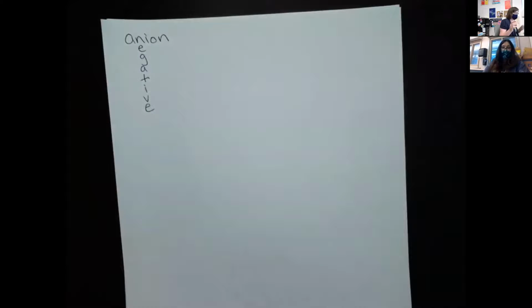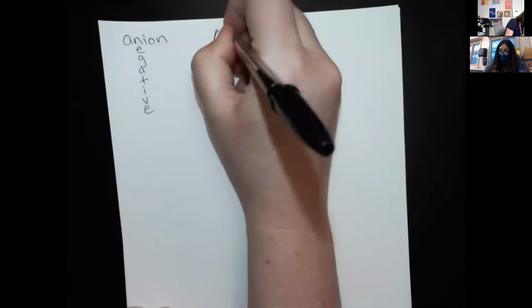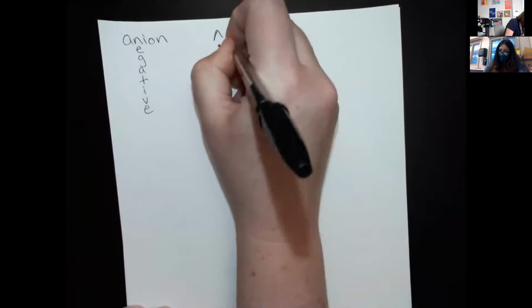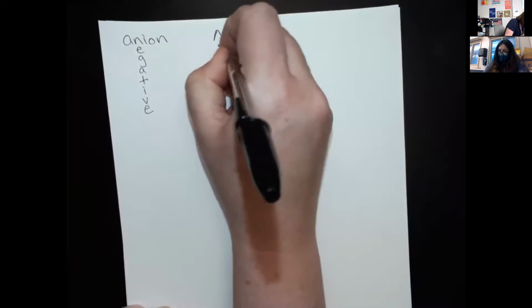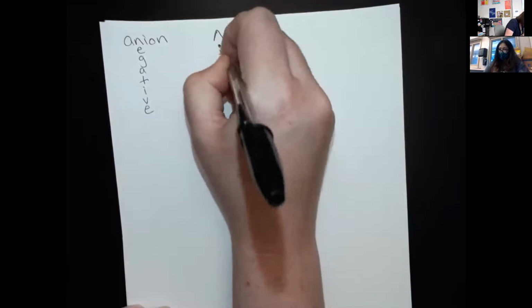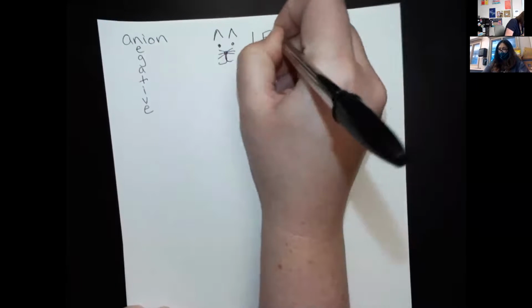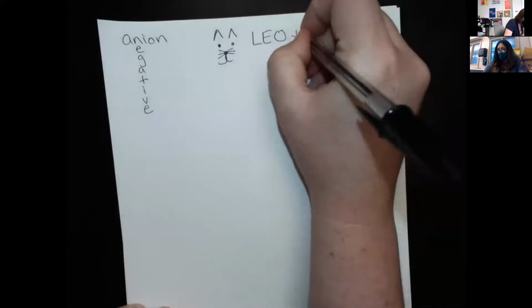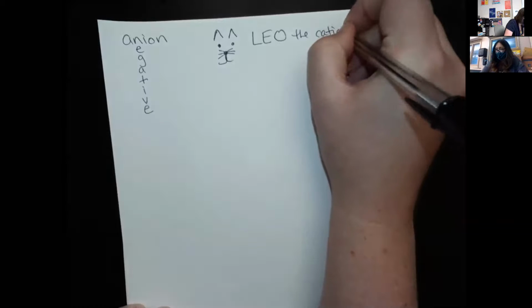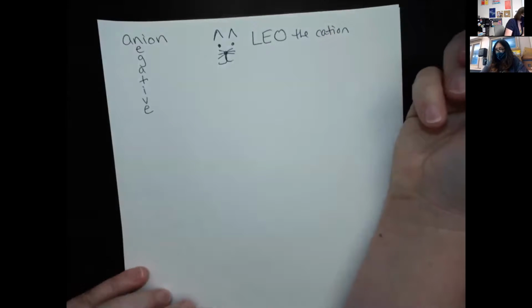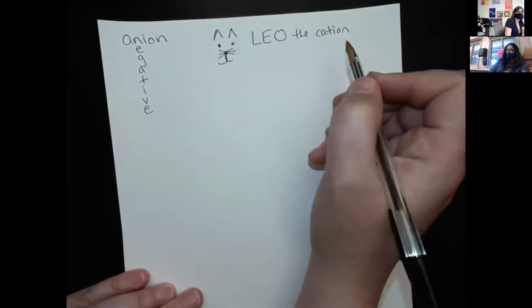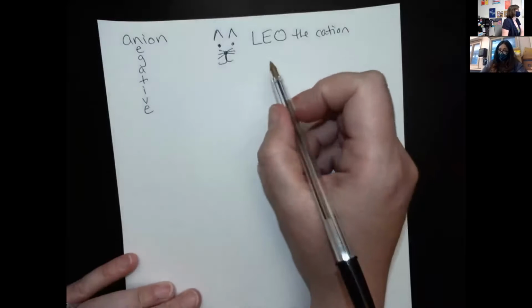Or if you're into cute things like I am, I have this little friend, and his name is Leo, the cation. Can you tell he was a cat? Yeah, okay. So his name is Leo, the cation, but his name actually means something.